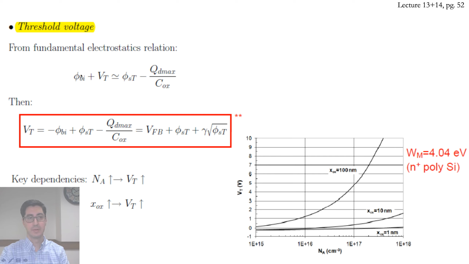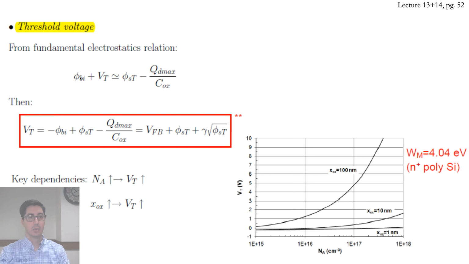Okay, so that's the fundamental relationship. Phi bi plus V is equal to phi s, the potential drop across the semiconductor, plus phi ox, the potential drop across the oxide. And then we're solving for V such that the semiconductor is in threshold. So we rearrange this equation and we call that V VT. That's the V when the semiconductor is in threshold.